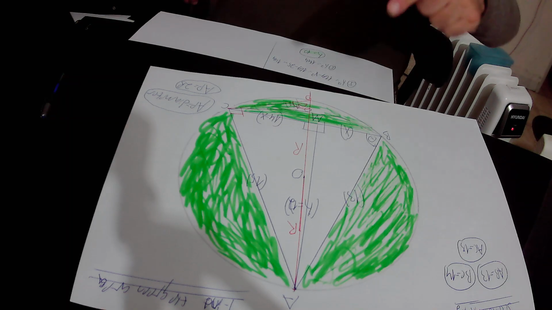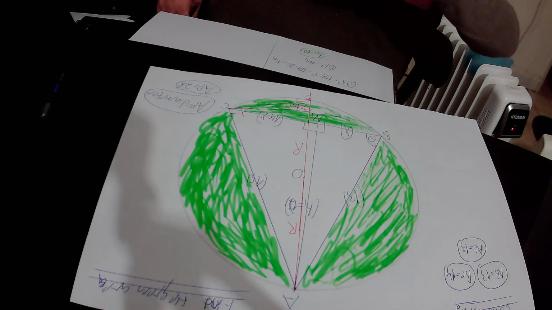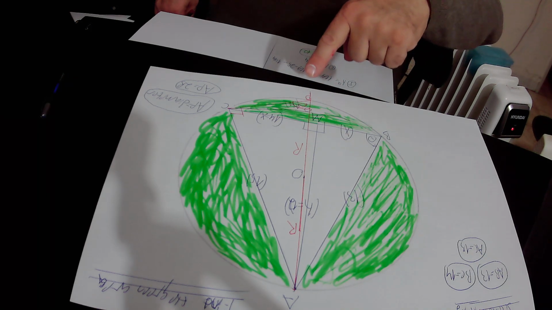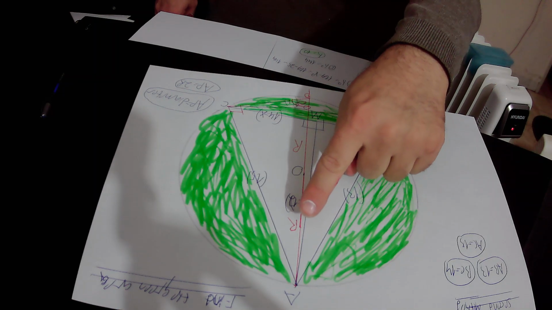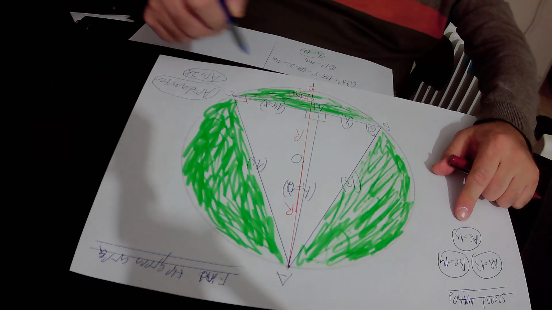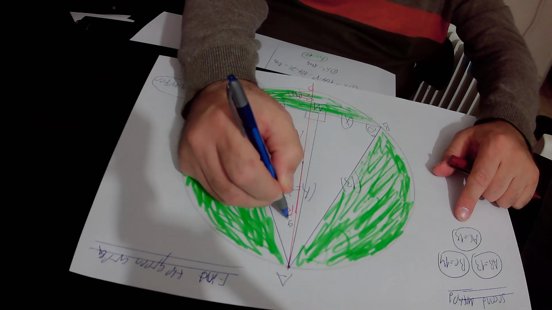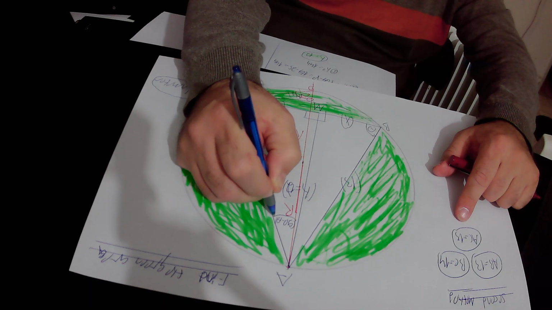In the next step, we will focus on the right triangle APC. In the right triangle APC, this angle equals theta, this angle equals 90 degrees. Therefore, the missing angle must be equal to 90 degrees minus theta. Why?